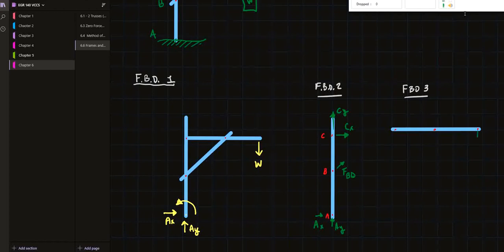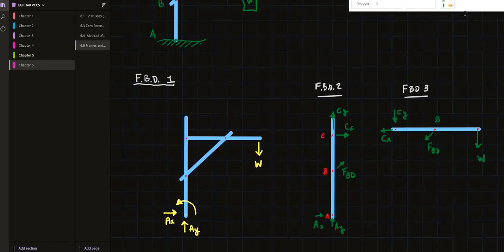So let's start out, we have a weight here. Now, when I draw my force at B, I need to draw it in a way that's going to oppose what's going on here in BD. And that's going to be more apparent when I draw the angled member. But over here, let me show you what I mean. I need to have CX be drawn in such a way that it opposes CX in my other free body diagram, and CY has to oppose CY in the other free body diagram.